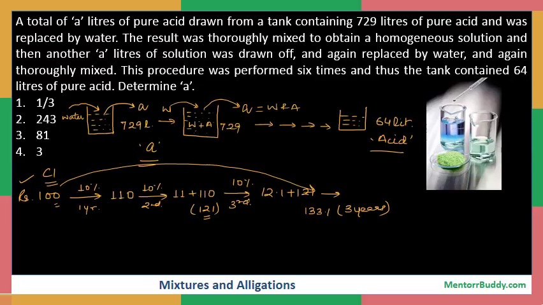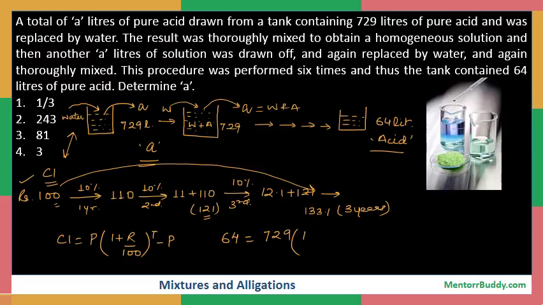Can you see a similarity between both these processes? So I can say the formula which I was using for compound interest can actually be utilized for this sort of problem as well. So what I can say is the value after 6 removals and replacements is equal to my initial value, which was 729, times 1.